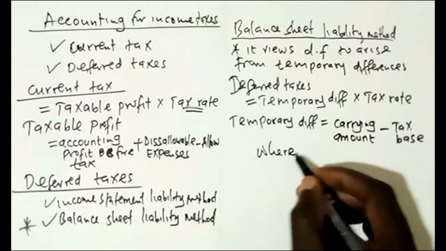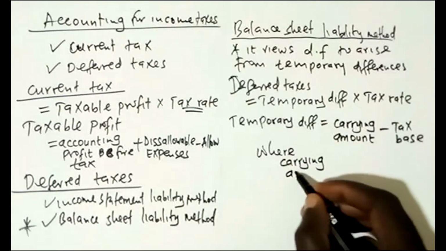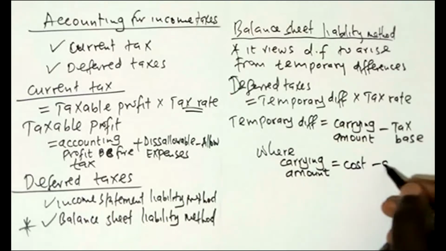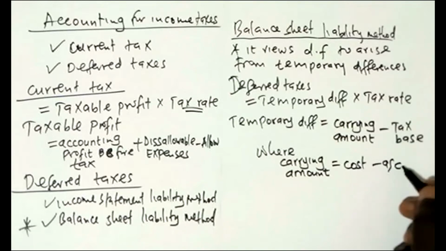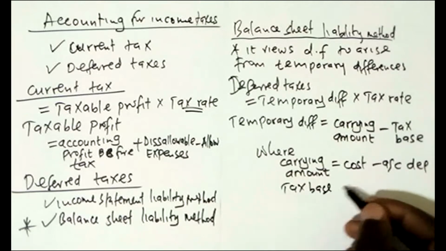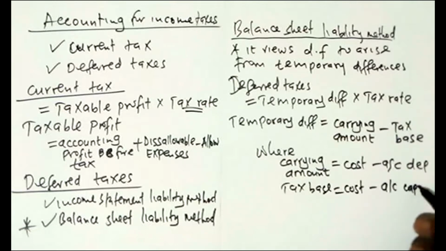The carrying amount is equal to the cost minus accumulated depreciation. The tax base is equal to the cost minus the accumulated capital allowance.